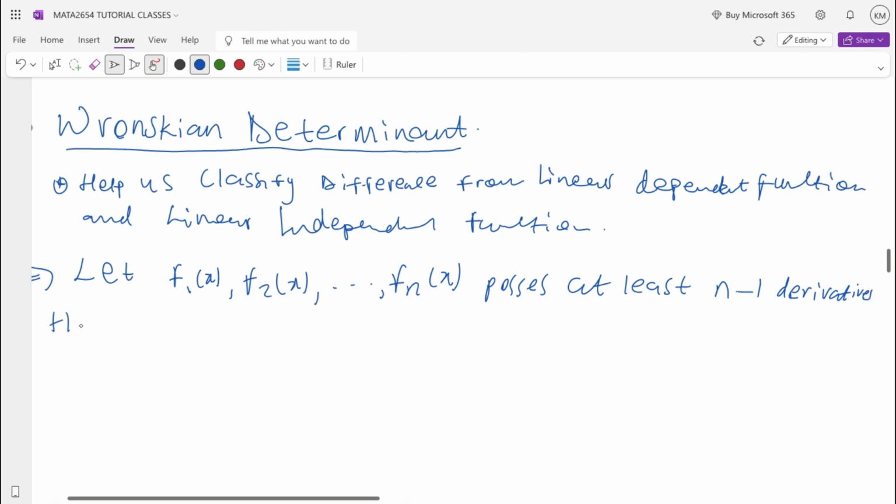Then the Wronskian, we will denote it by W. I forgot to let you know that this is how we are going to denote the Wronskian determinant, with W. Then we are going to have the Wronskian of these functions, f1 up to fn, the nth functions that we are having.